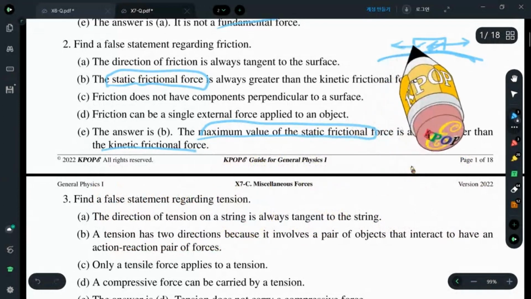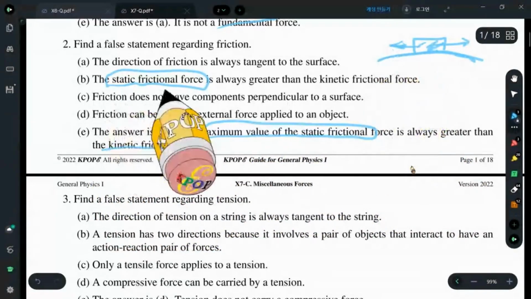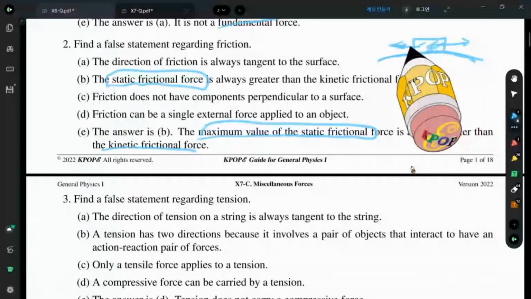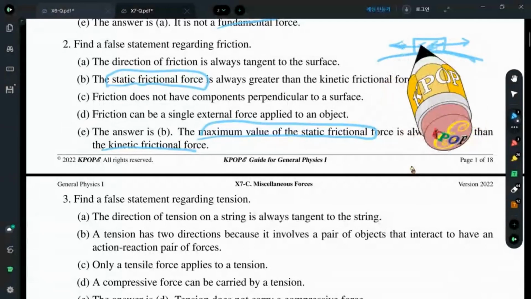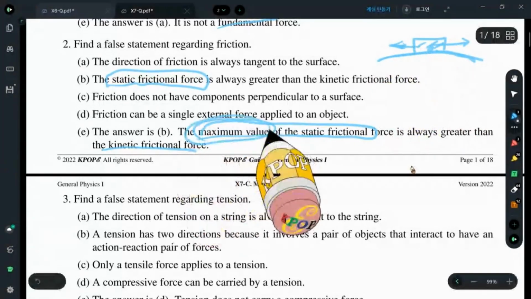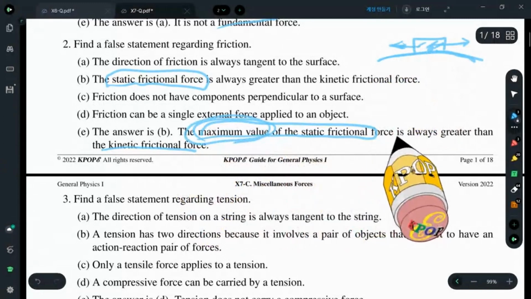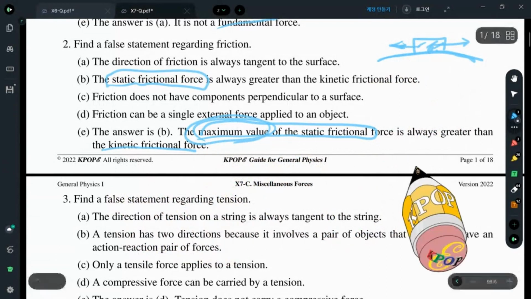However, if I apply a very tiny amount of applied force, the static frictional force just keeps it in equilibrium, so it can be very small. But as far as the maximum value of the static frictional force is concerned, it is greater than the kinetic frictional force that is constant.